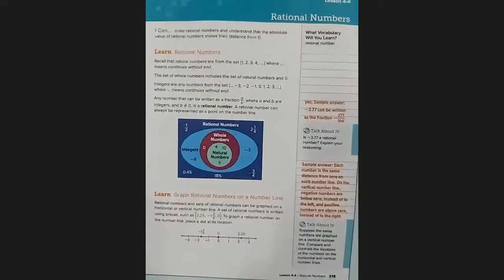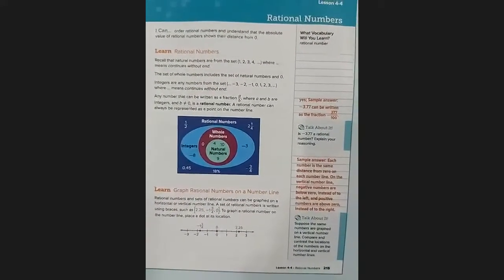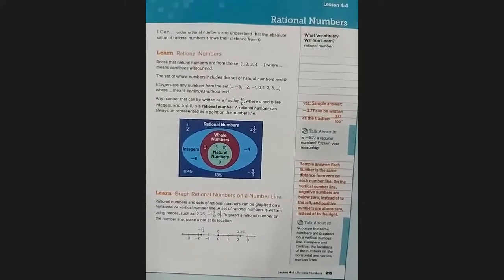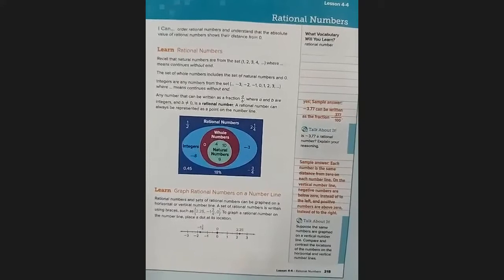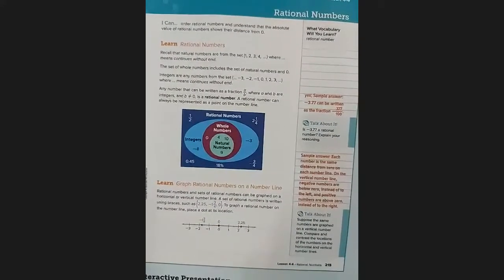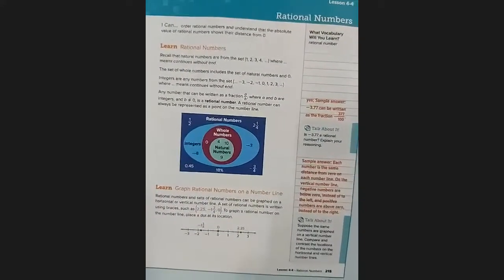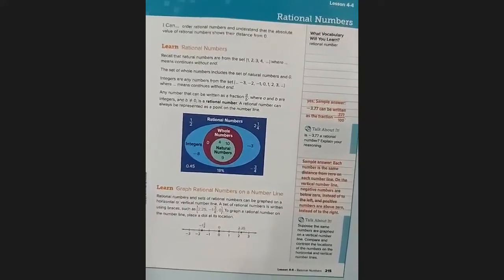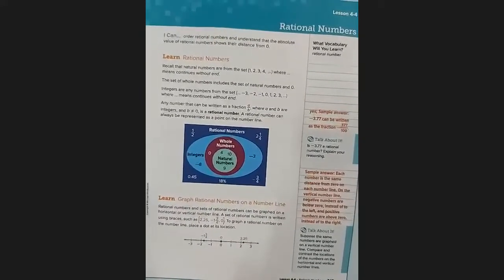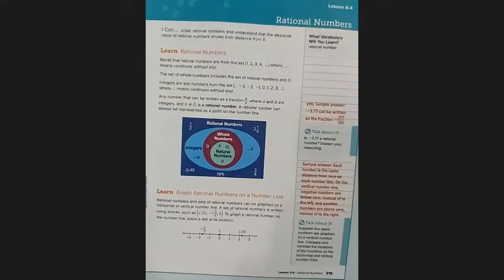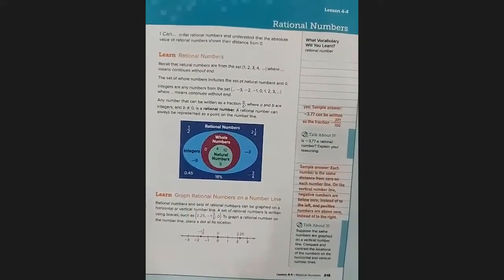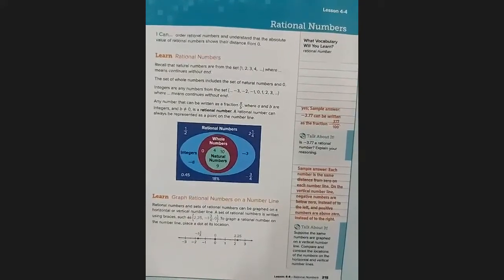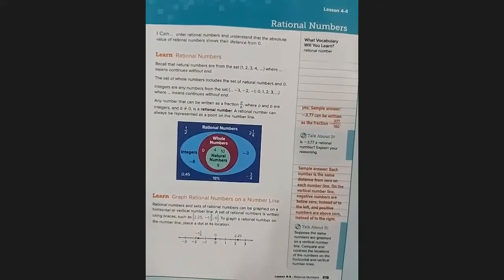Recall that natural numbers are from the set 1, 2, 3, 4, and so on, where the dots mean it continues without end. The set of whole numbers includes the set of natural numbers and 0. Integers are any numbers from the set negative 3, negative 2, negative 1, 0, 1, 2, 3, where the dots mean it continues without end.